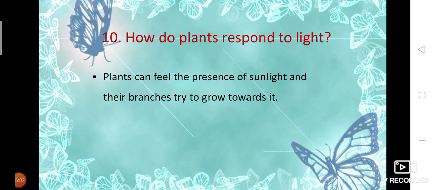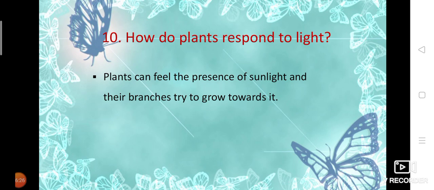The plants can feel the presence of sunlight because sunlight is the ultimate source for the plant to prepare its food. So from whichever direction they are receiving the sunlight, towards that direction only the plant will show its growth. That is the answer given.